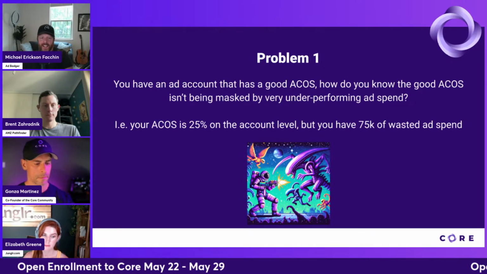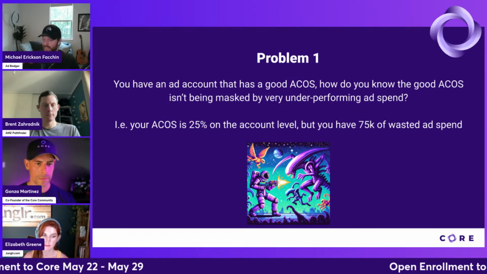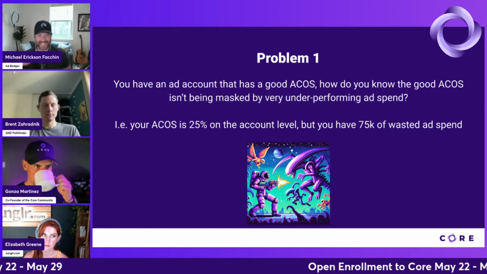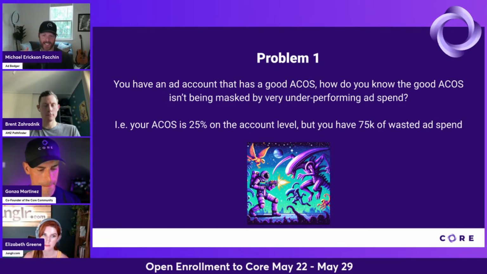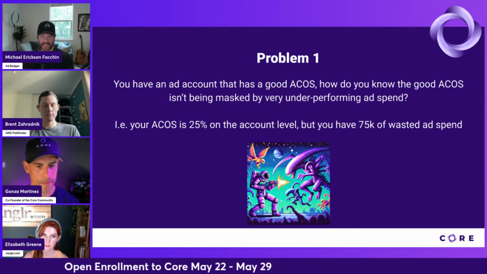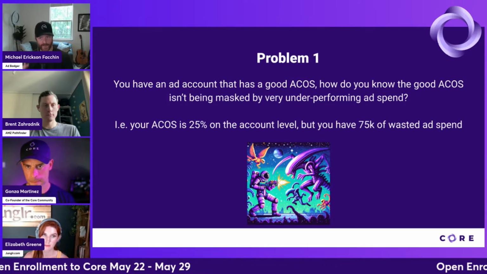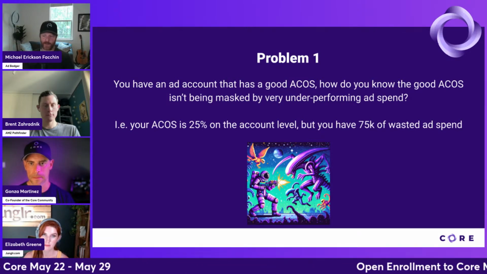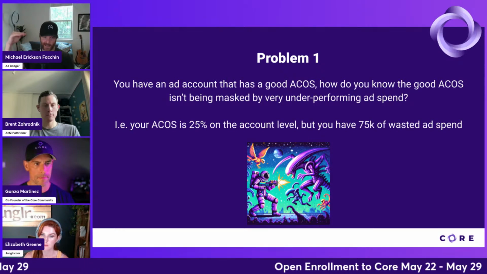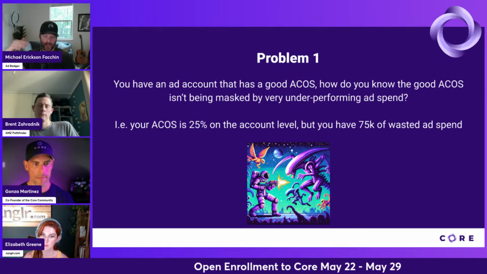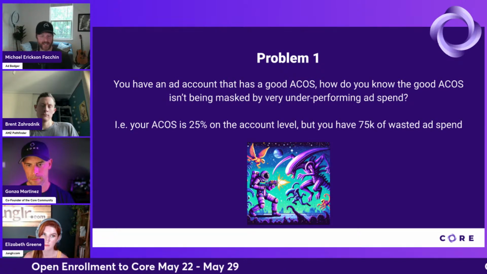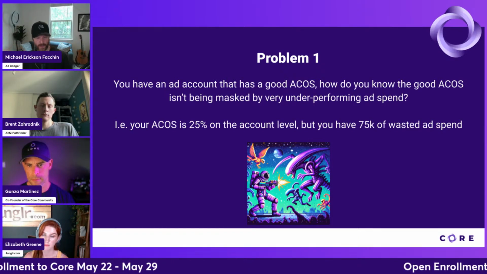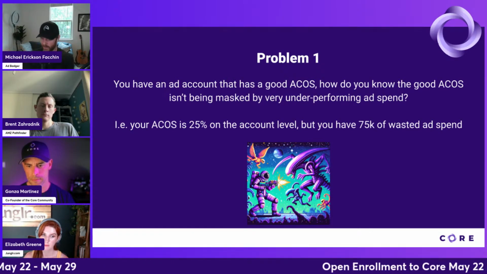So here's one problem: if you have an account with a good ACOS, how do you know that good ACOS isn't masking really underperforming areas of your account? Even if you have what you consider a good ACOS at the account level, say 25%, you don't want to be wasting tens of thousands of dollars, a big percentage of your ad spend, on non-converting things.